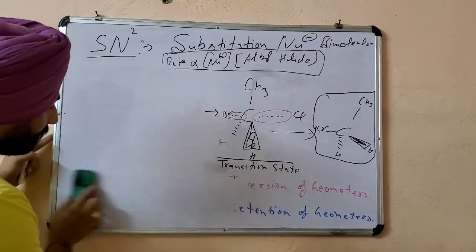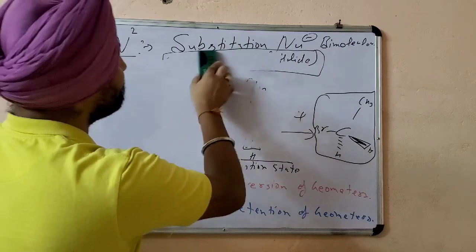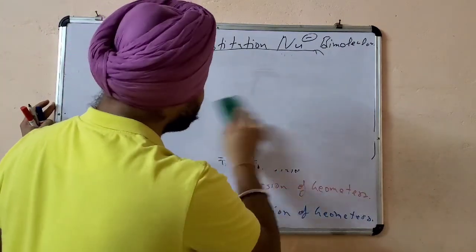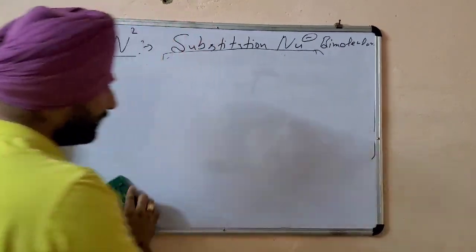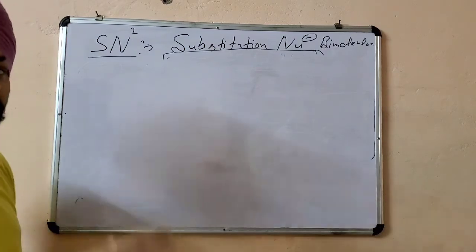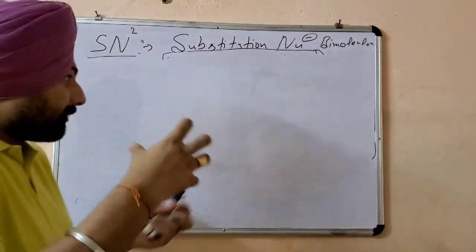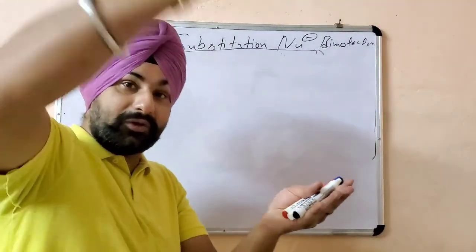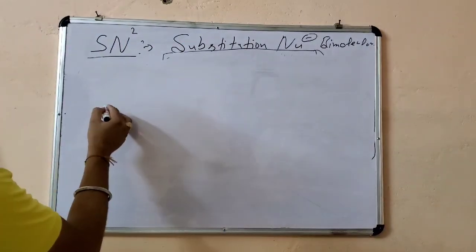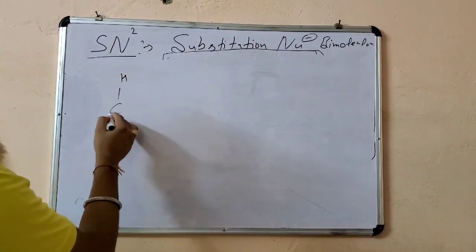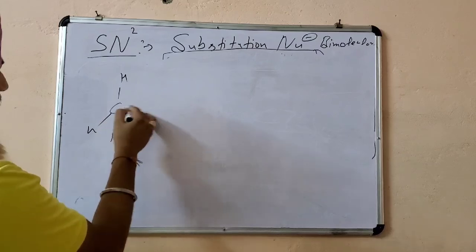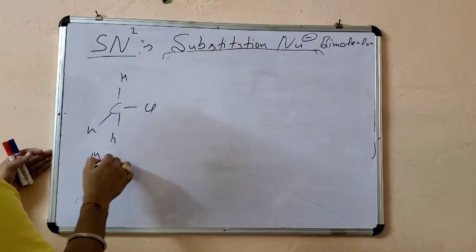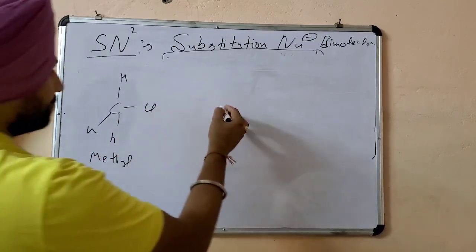Unhindered means, what is the meaning of unhindered? We discussed here the steric hindrance. What is that? Steric hindrance means if there are some bulky groups, that bulky group will hinder or forcefully stop the incoming nucleophile from entering. CH3, H and Cl. This is your methyl, right?